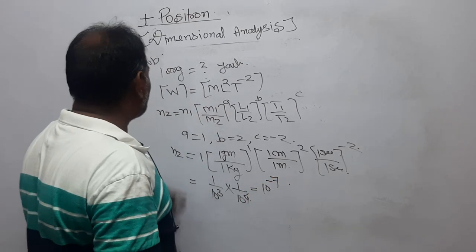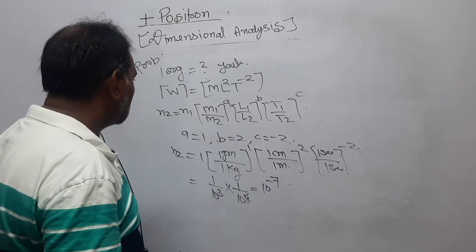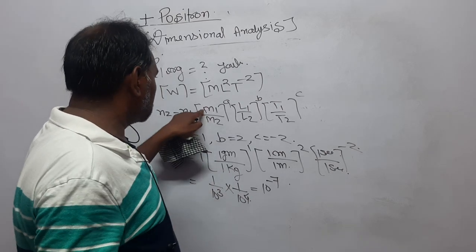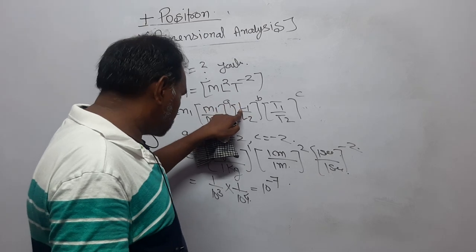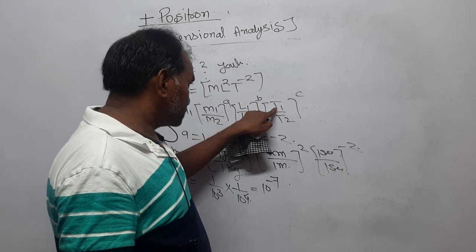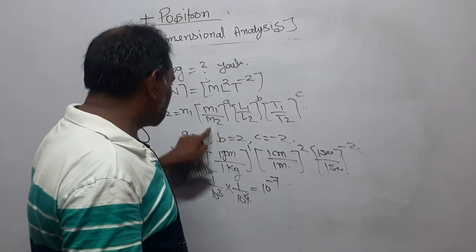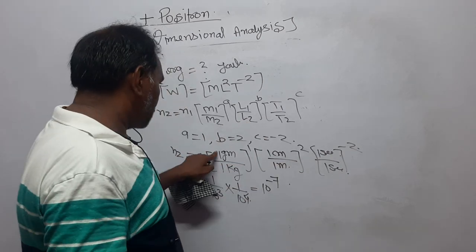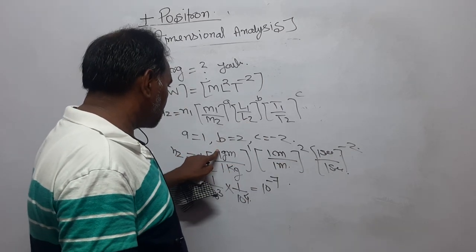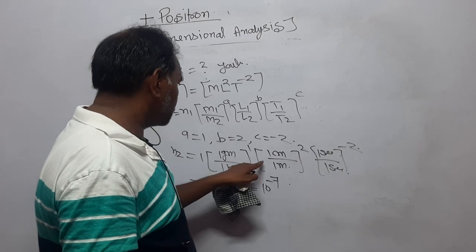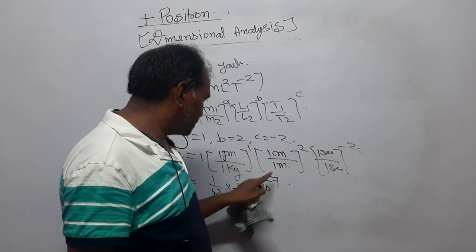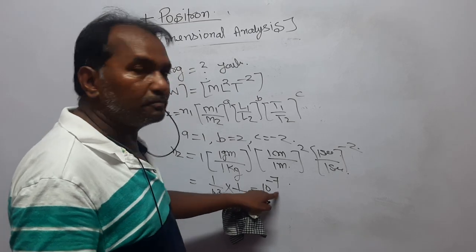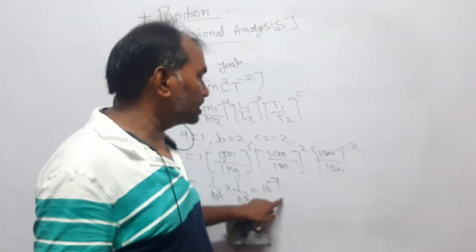Means you can say that 1 erg is equal to, this is gram, this is centimeter, this is second, and this is kilogram, meter, second. So 1 gram upon 1 kilogram means 1 upon 10 to power 3, into 1 upon 100 squared, which becomes 10 to power 4, so 10 to power 7. If you bring it into the numerator, it will be 10 to power minus 7.